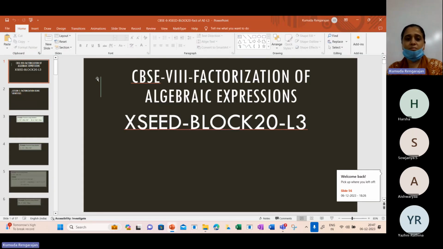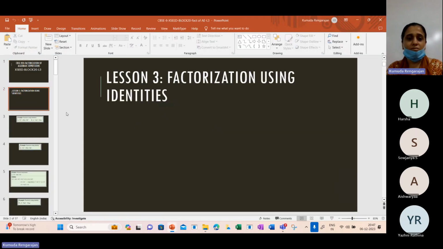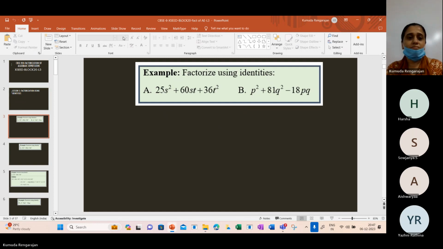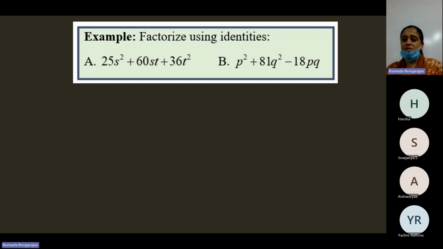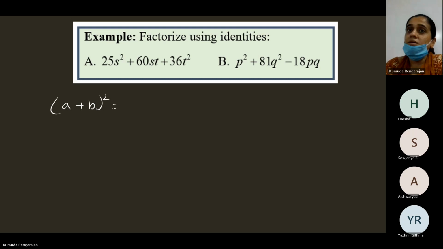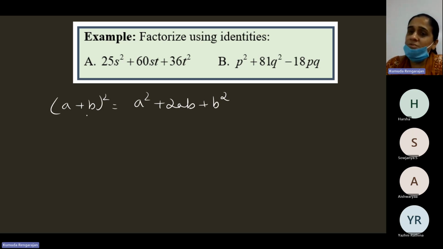What we finished was block 2, lesson 2, right? Okay, the identities, you're already familiar with them. Algebraic identities. What is a plus b the whole square? Very good. A square plus 2ab plus b square.